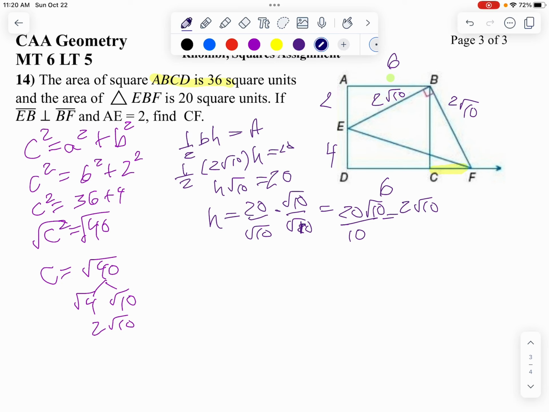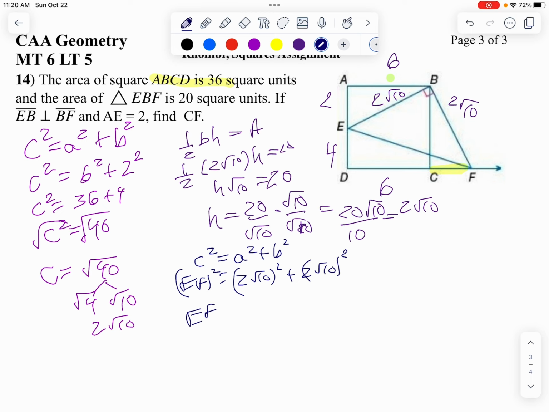C squared equals A squared plus B squared. C squared is E to F squared, equals 2 square roots of 10 squared plus 2 square roots of 10 squared.